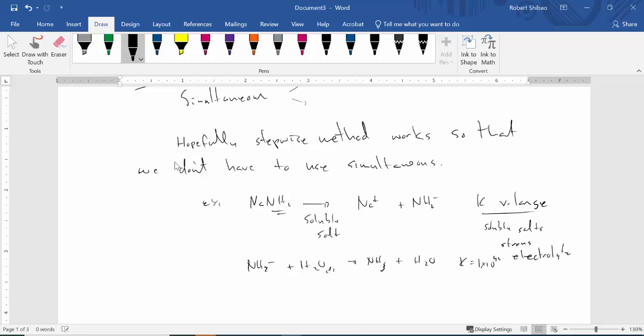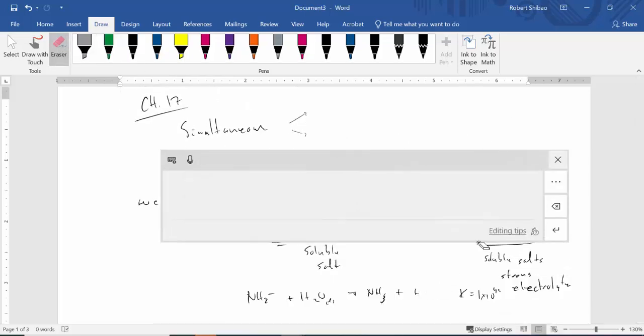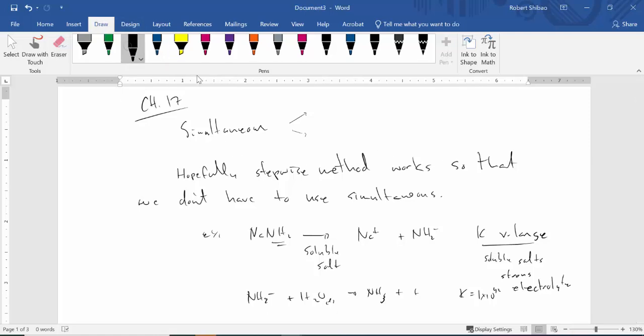It's huge for this. Or not ammonia and water. It ends up with ammonia and what? Ammonia and hydroxide.